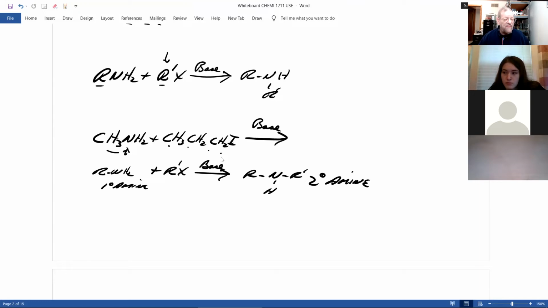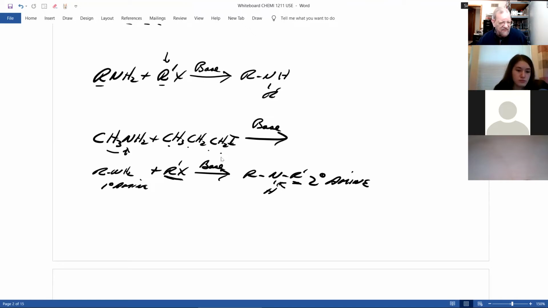And here, the carbon in R prime with the halogen is the carbon that the nitrogen will be bonded to.